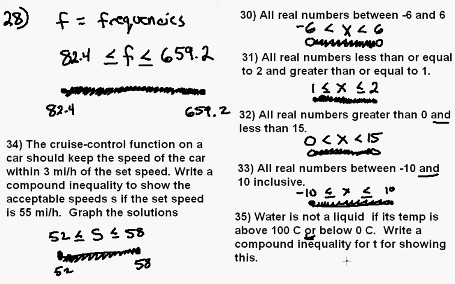So T is going to be below 0, so either T is less than 0 or T is greater than 100. All right, and the way this would look on my number line, here is 0, here is 100, an open circle at both. This darkened line would extend to the right, this darkened line would extend to the left.